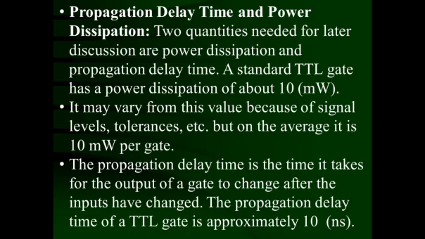But when you change the input, the output is not realized immediately; it takes some time, and only then is the output established or set up. This minimum amount of time is known as the propagation delay time. The propagation delay time of a TTL gate is also approximately 10 nanoseconds. 10 nanoseconds means 10 into 10 raised to minus 9 seconds.